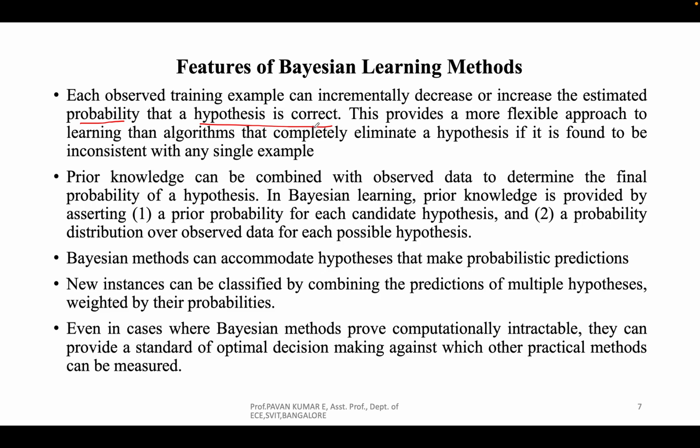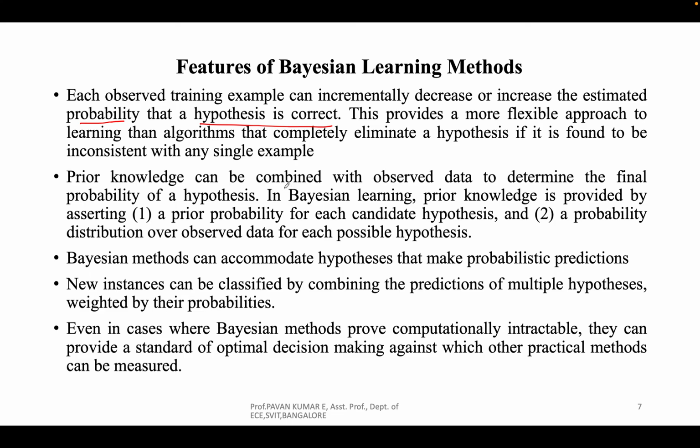We should also know that prior knowledge can be combined with the observed data to determine the final probability of a hypothesis. Prior knowledge means what type of data you are providing, what type of training you are going to do, and how many iterations you have to do.